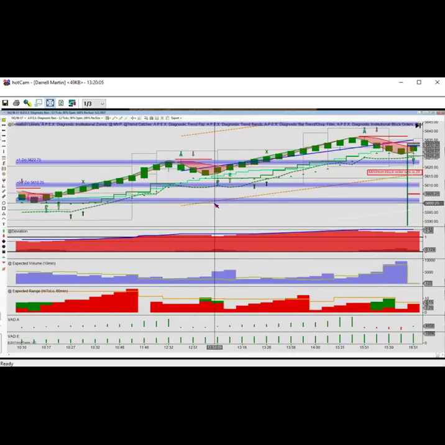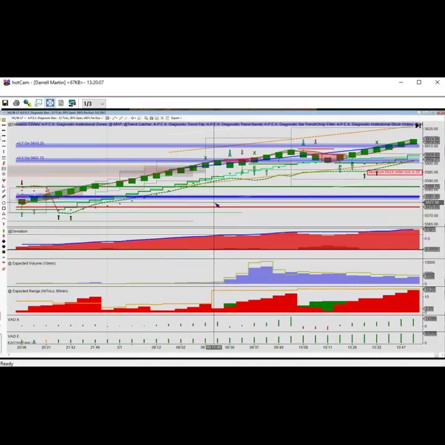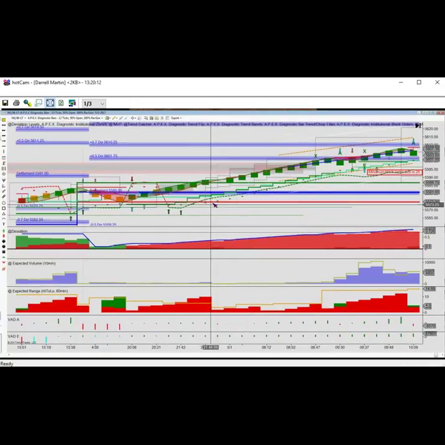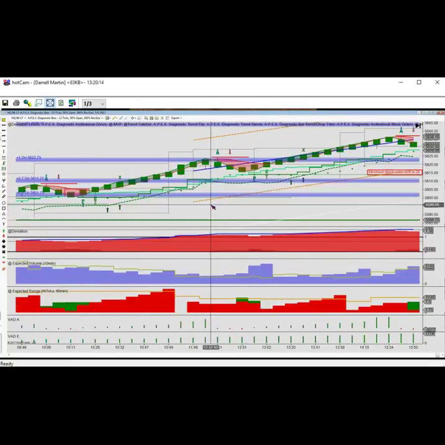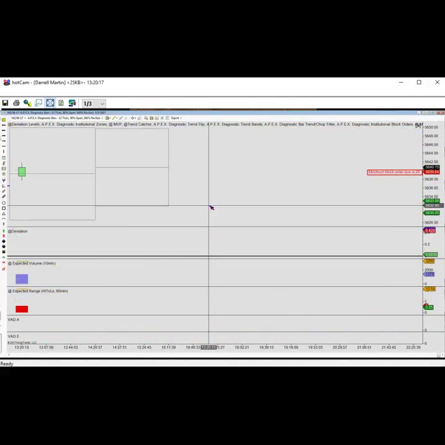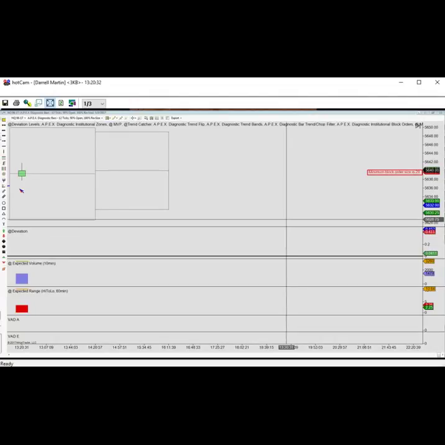Not freezing on my chart. I got it on continuum charts. See? Maybe it's a resource issue.